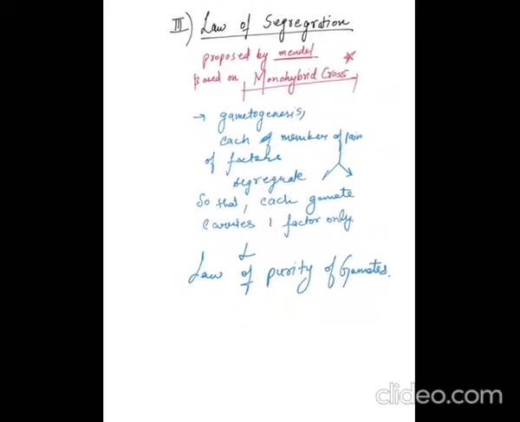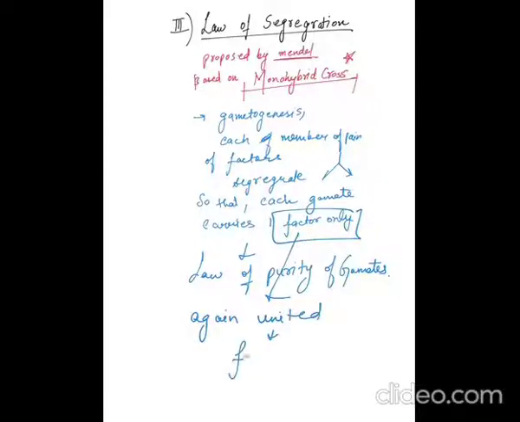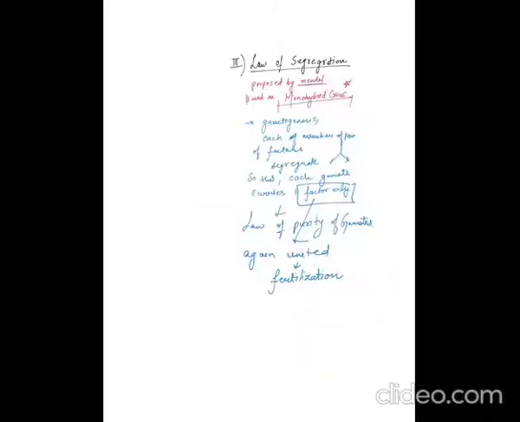Now, what happened to these factors which were separated? These factors again get united at the time of fertilization. Now, this rule is applicable to all the diploid organisms which reproduce sexually.